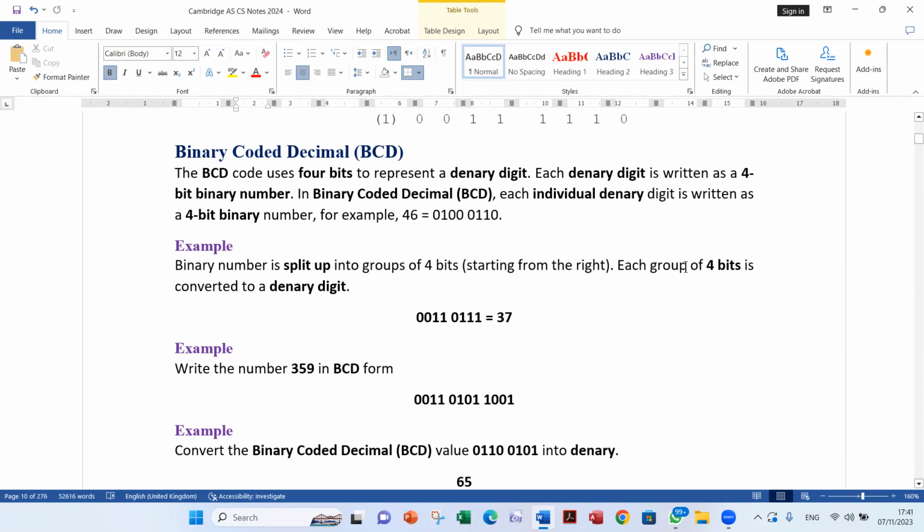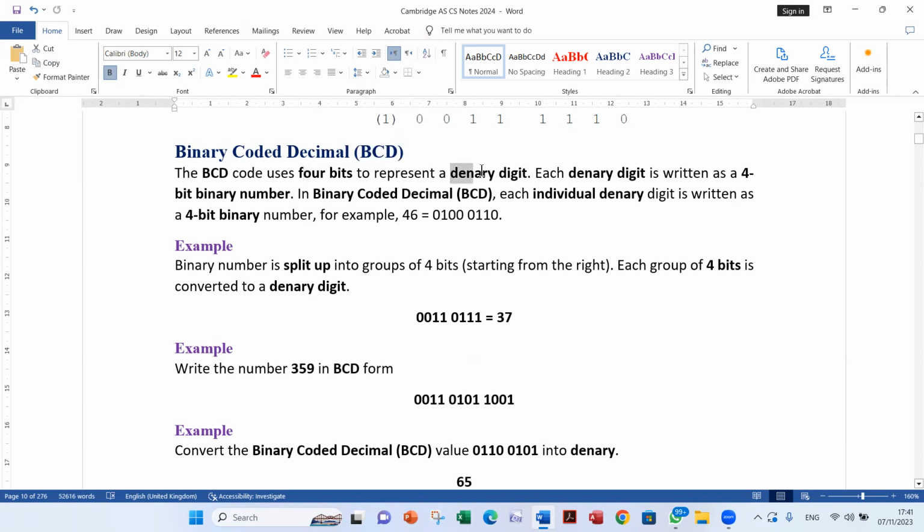There is something called binary coded decimal, abbreviated BCD. The BCD codes use 4 bits to represent a denary digit. Each denary digit is written as a 4-bit binary number. This sentence is mathematically incorrect.